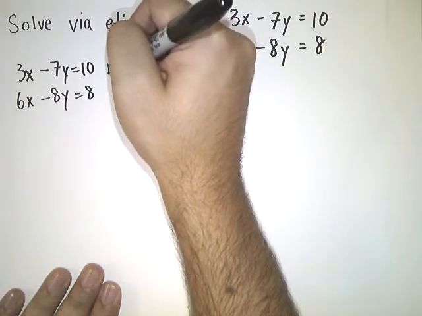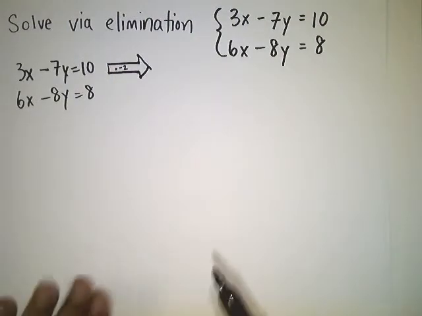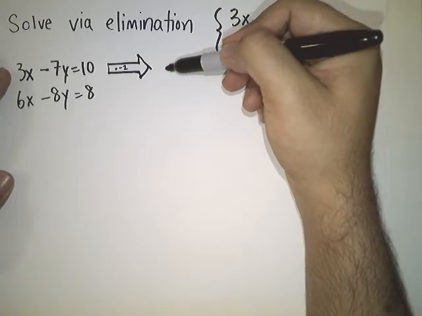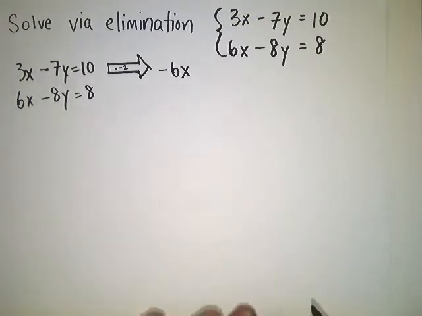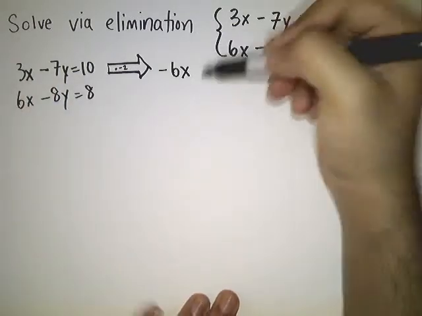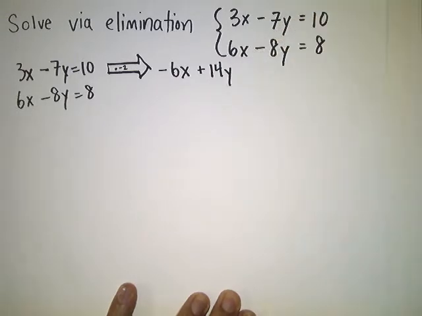I choose to multiply by negative 2. So negative 2 times 3x will give me negative 6x. Negative 2 times negative 7y will give me positive 14y.